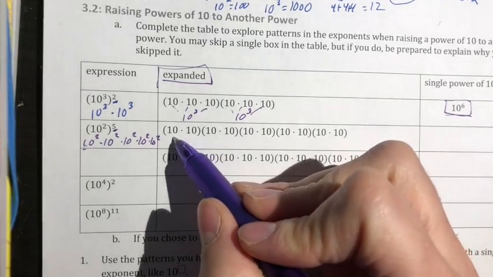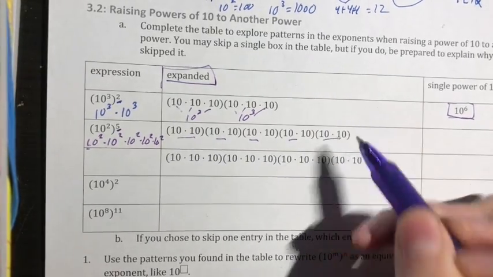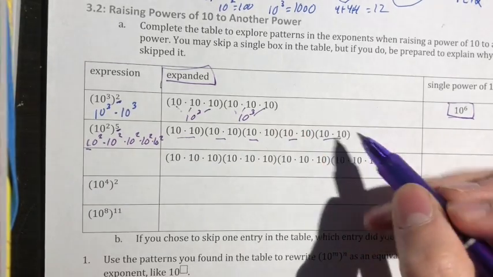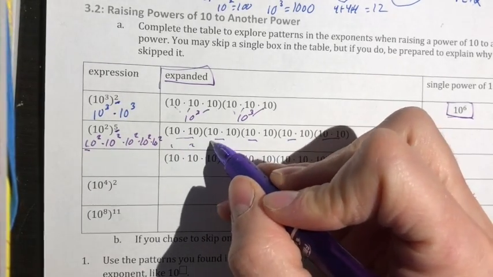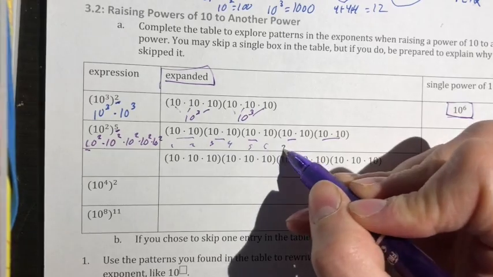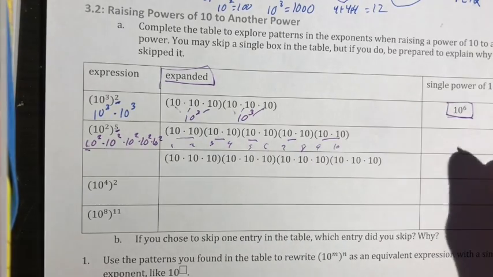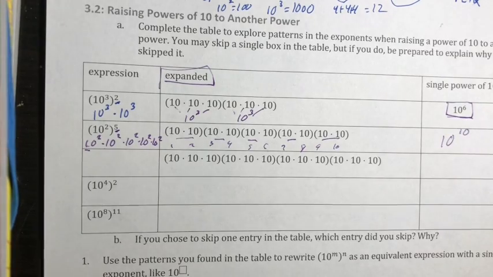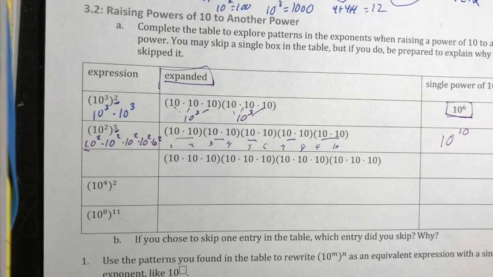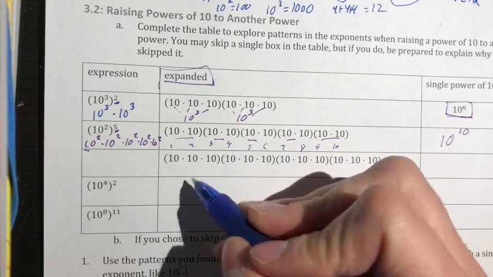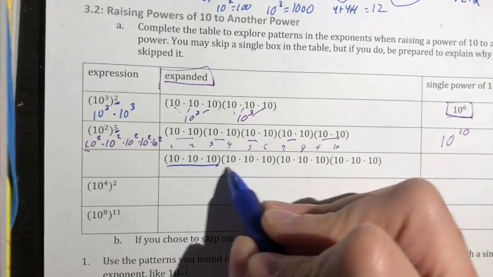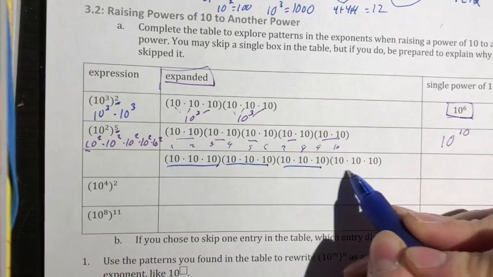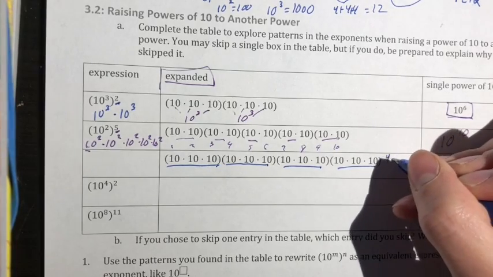So then here, when I do my 5 10 squareds, how many tens is that total we got? 1, 2, 3, 4, 5, 6, 7, 8, 9, 10 tens. So I'd be at 10 to the 10th power. All right. And let's see what's going on here. How many groups do I have? I have 1, 2, 3, 4 groups.